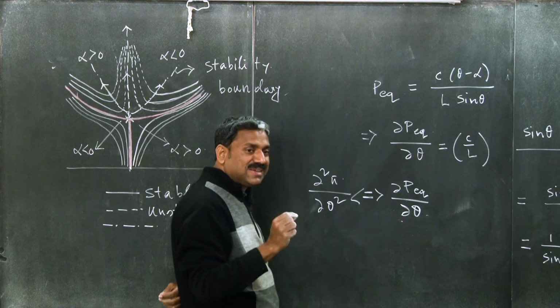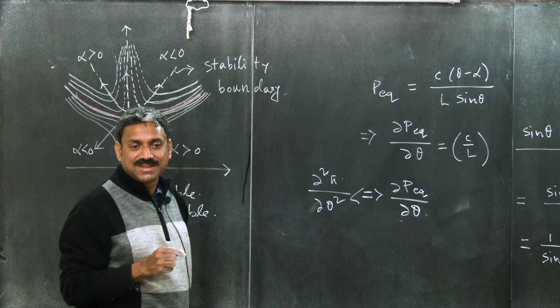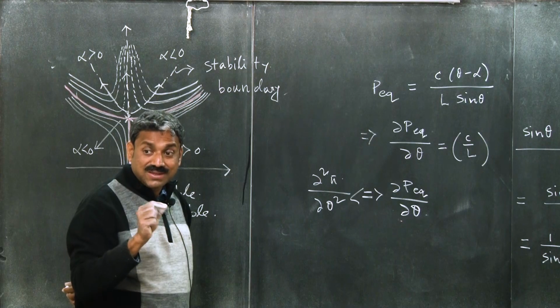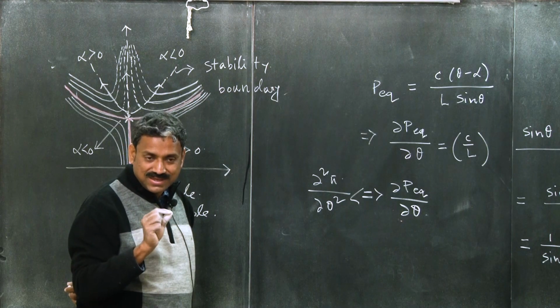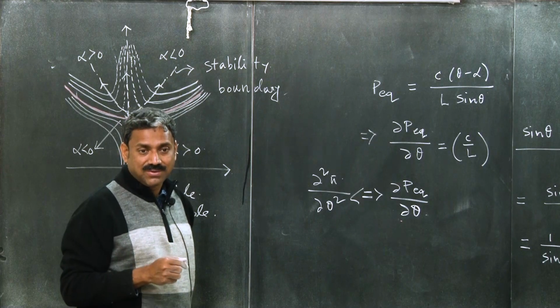The first order equilibrium, the equilibrium path, you have obtained, but now you are differentiating further. That means, what will happen if there is a little change in theta, what is going to happen in the internal P, okay.